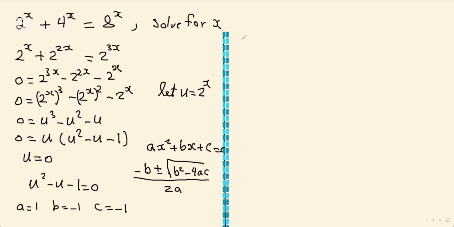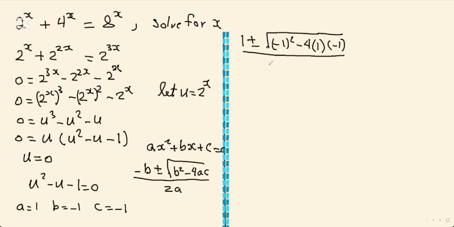So b is negative 1, and we have negative b, so negative and negative 1 will be just positive 1, plus or minus b squared, so negative 1 squared, minus 4 times a, which is 1, and c, which is negative 1, all over 2a, and that's just 2 times 1, which gives me 1 plus or minus negative 1 squared is 1, and 4 times 1 times negative 1 is negative 4.